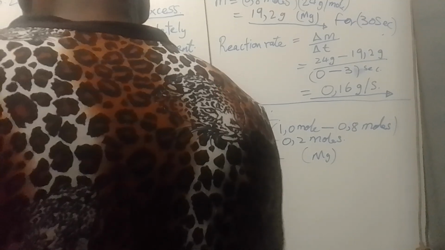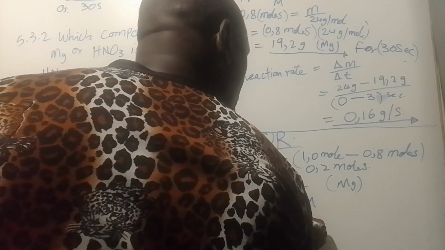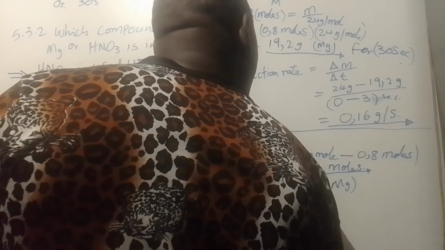In order for us to get that, we say m is equal to n times M. We have calculated n to be 0.2 moles.